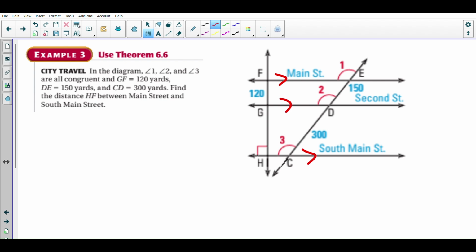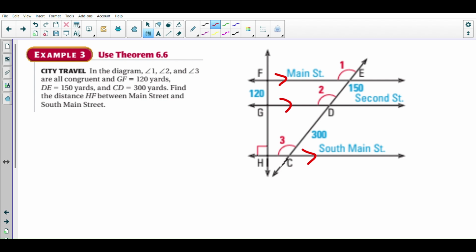So that means we can apply Theorem 6.6. GF is 120, DE is 150, and CD is 300. Find the distance between HF and Main Street.